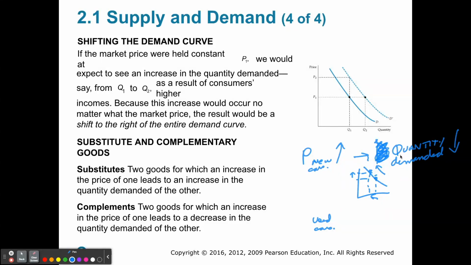And if people are buying fewer new cars, we saw this huge increase in the number of used cars that people were willing to buy, because new cars and used cars are substitutes for one another.